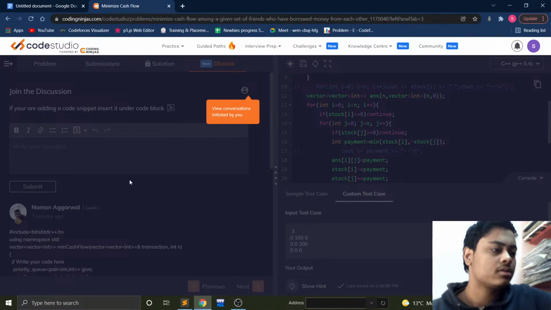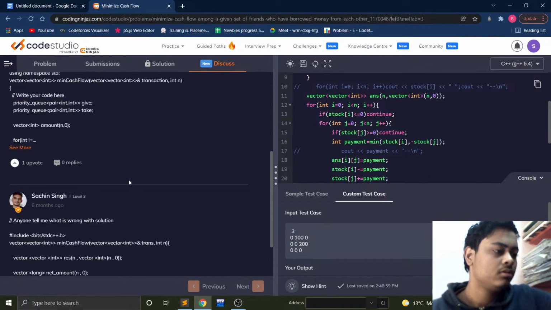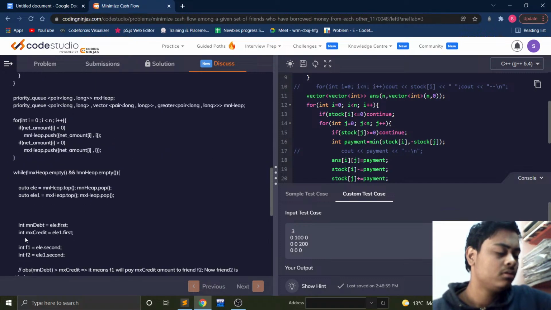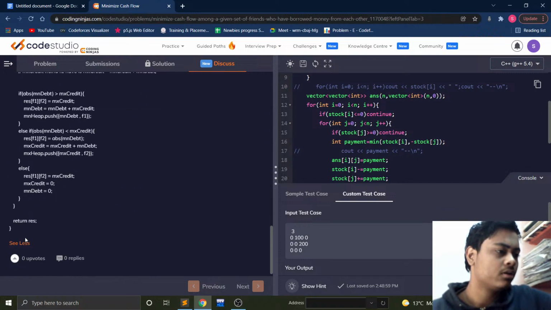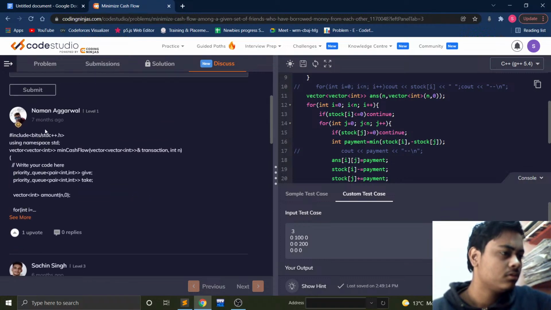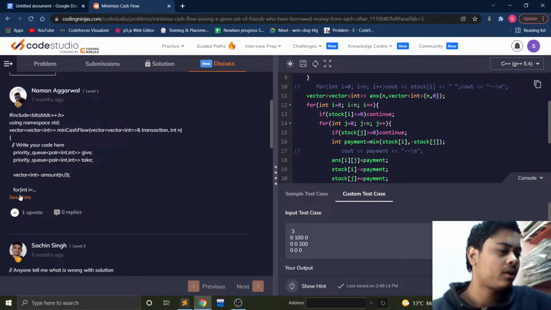Is there something to discuss? My god, such a big solution. Priority queues.